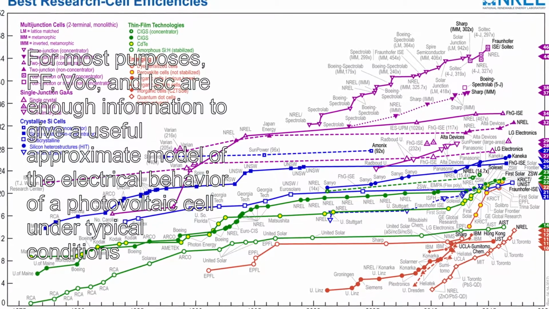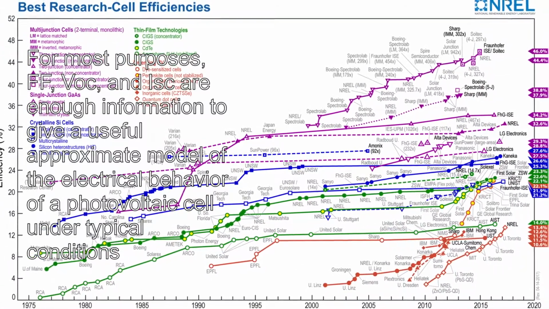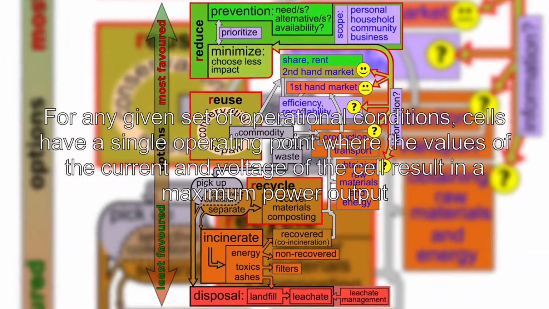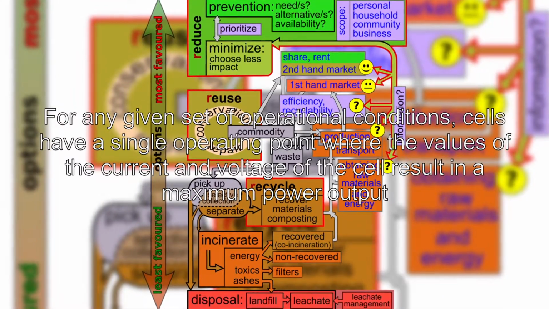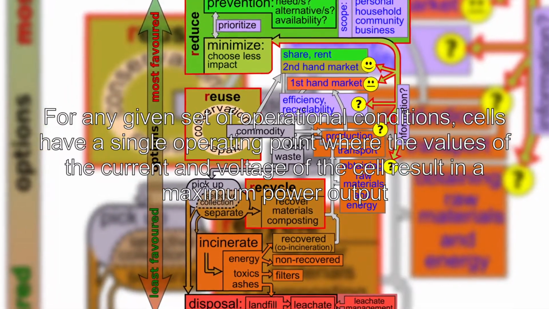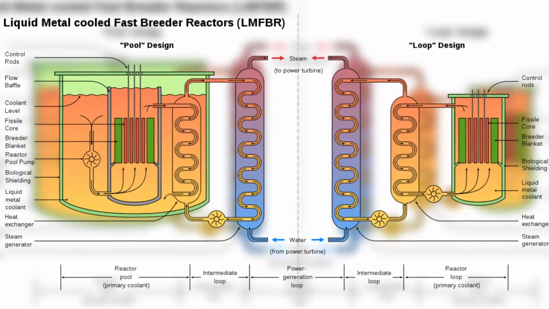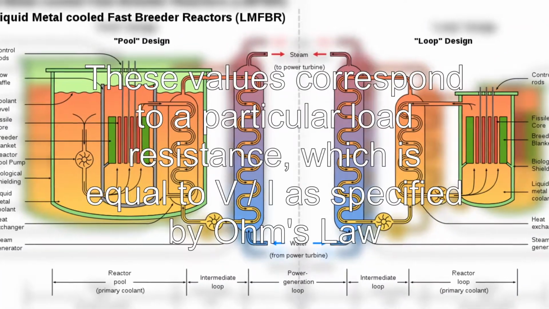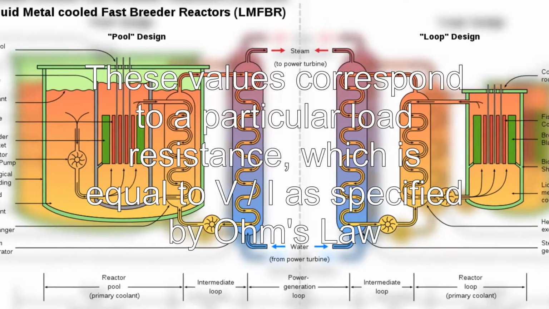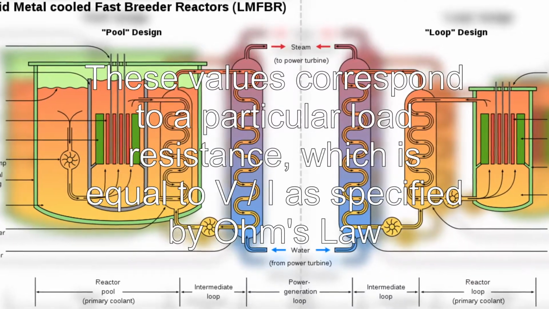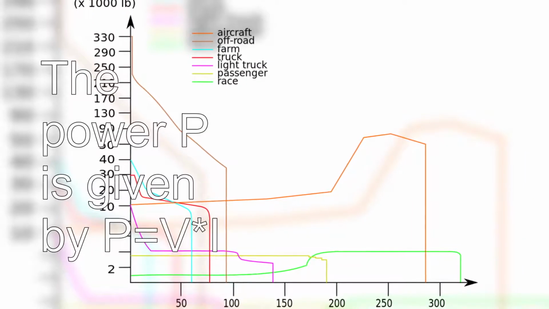Photovoltaic cells have a complex relationship between their operating environment and the maximum power they can produce. The fill factor, abbreviated FF, is a parameter which characterizes the nonlinear electrical behavior of the solar cell. Fill factor is defined as the ratio of the maximum power from the solar cell to the product of open circuit voltage VOC and short circuit current ISC.